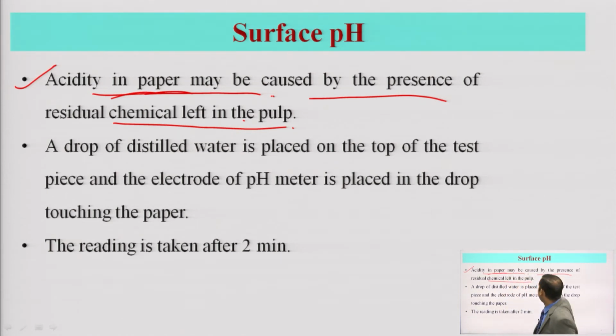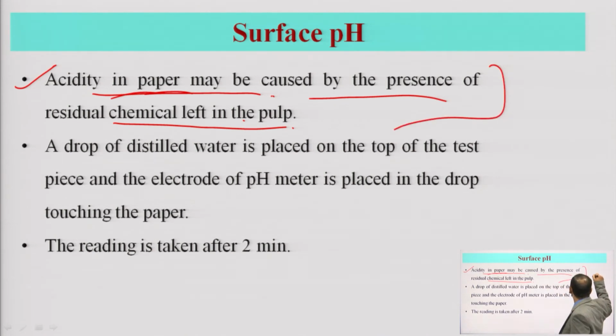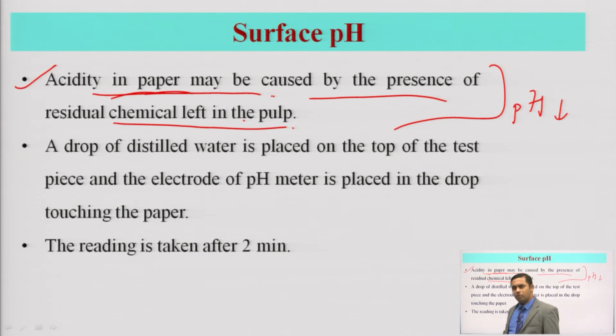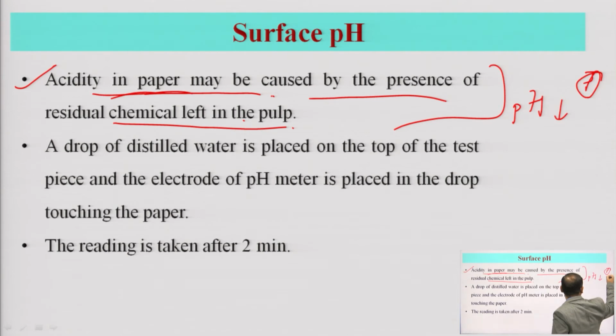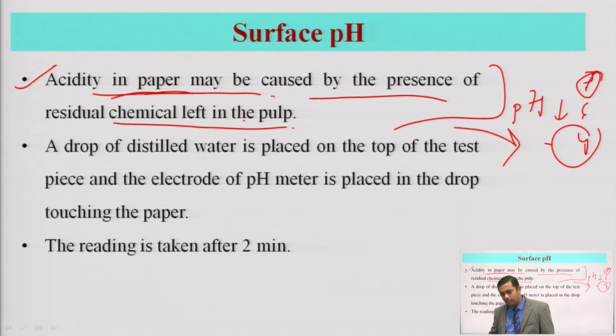Obviously, the acidity of the packaging material will increase, which means the pH will decrease. For example, normally it is near about 7 or 6, but due to this condition it has dropped to 4. At that time there will be a very dangerous problem. It will react with your medicaments, and your entire medicament will lose its activity. That is why it is very important.